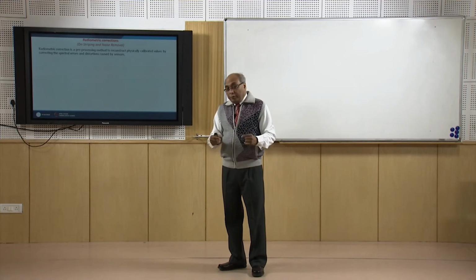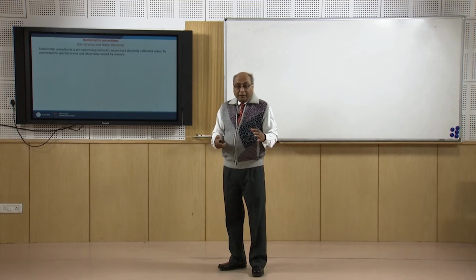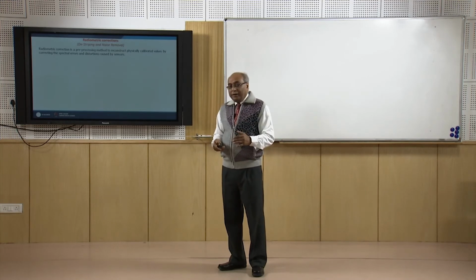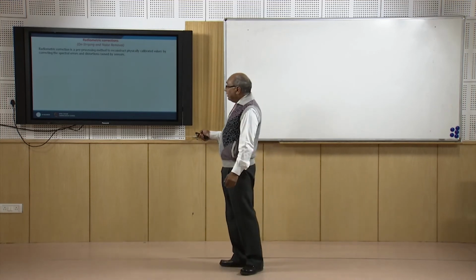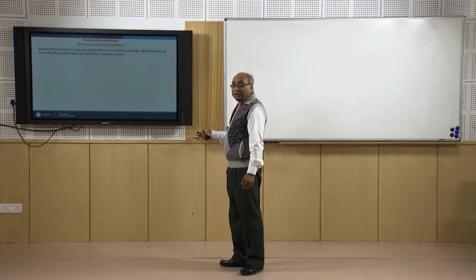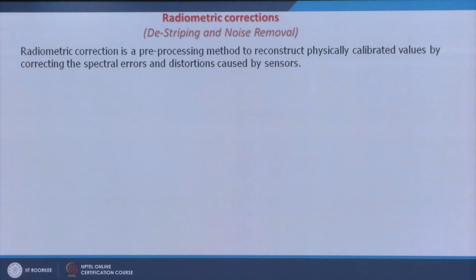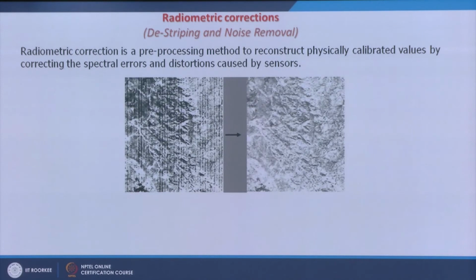But if they have not been, then this stripping or lines in your image will appear, and in order to correct that, we need to have the data about individual CCDs, and once we apply that correction, then the spectral errors creating stripping can be removed. For example, here this is because of stripping. So de-stripping can be done once the data is available about individual CCDs, and a smooth image can be generated.